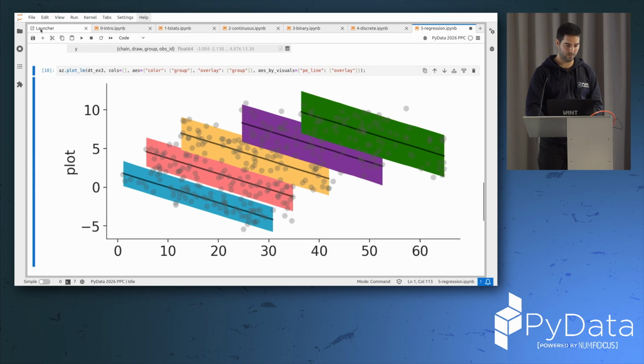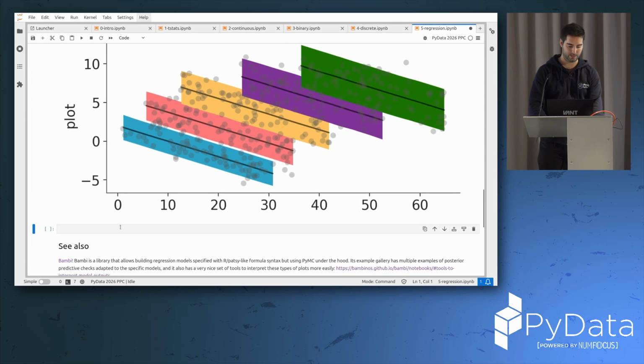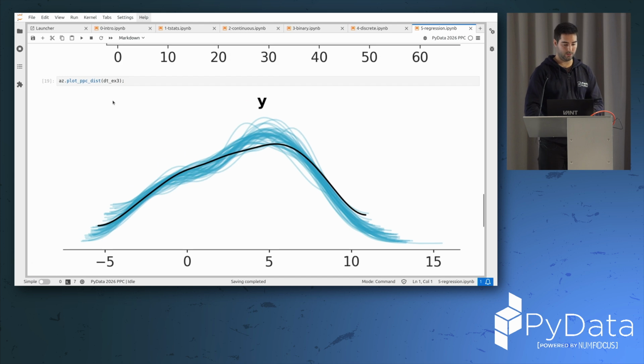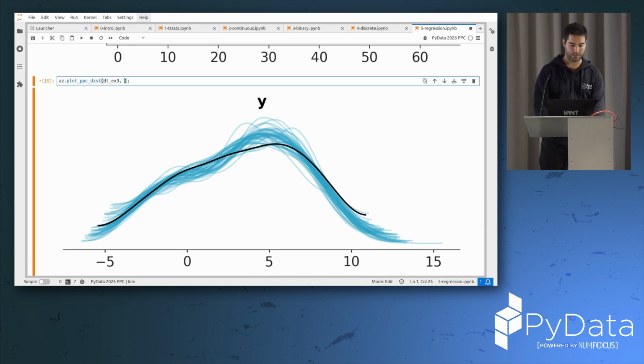But again, we can generate this as a global summary or per category.